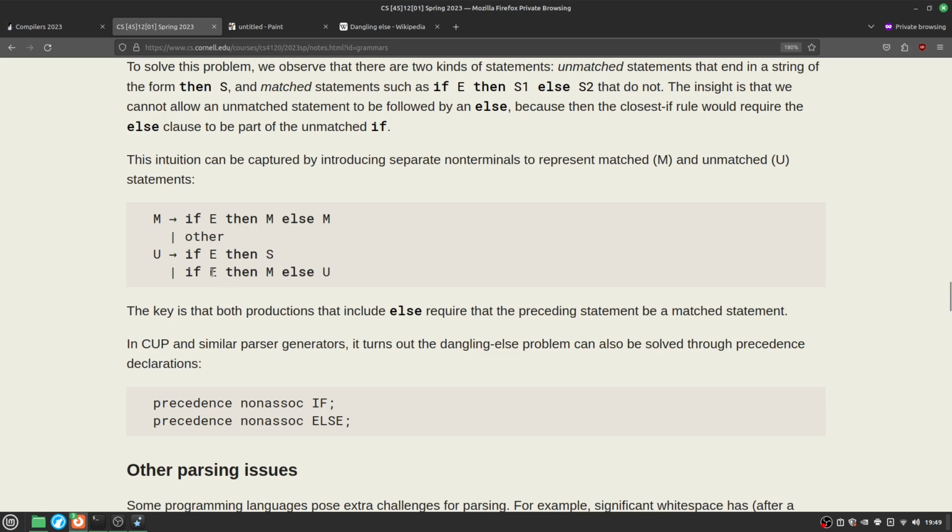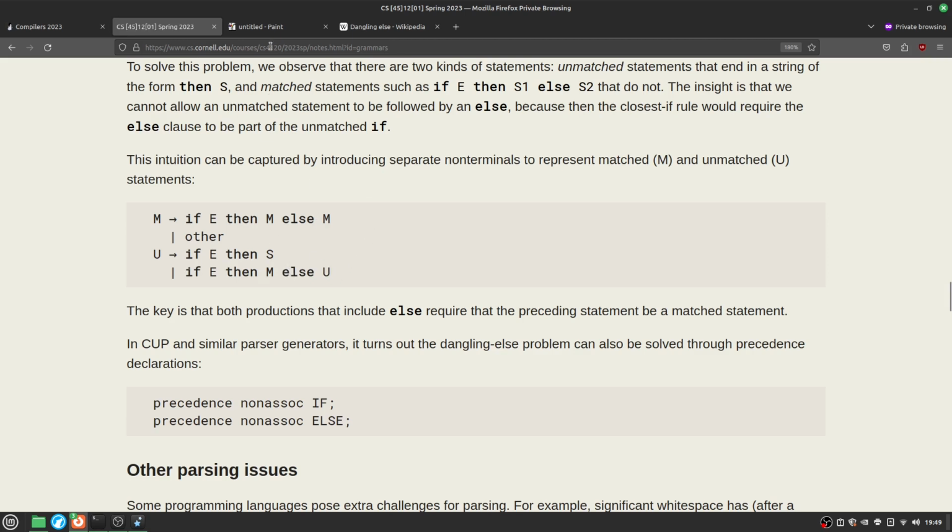So the unmatched statement can be of the form if E then S, that's fine. And that's kind of like its base case. And then it can also be of the form if E then some matched statement else another unmatched statement.